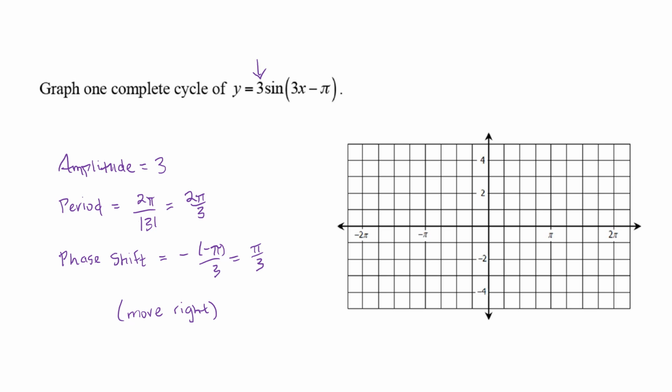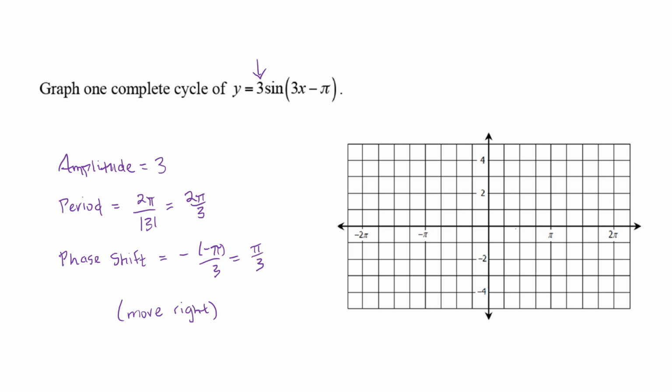So between 0 and pi here on my graph, it's broken into 4 different parts. So I need to identify where 1/3 or pi over 3 is located, as well as where 2 pi over 3 is located.